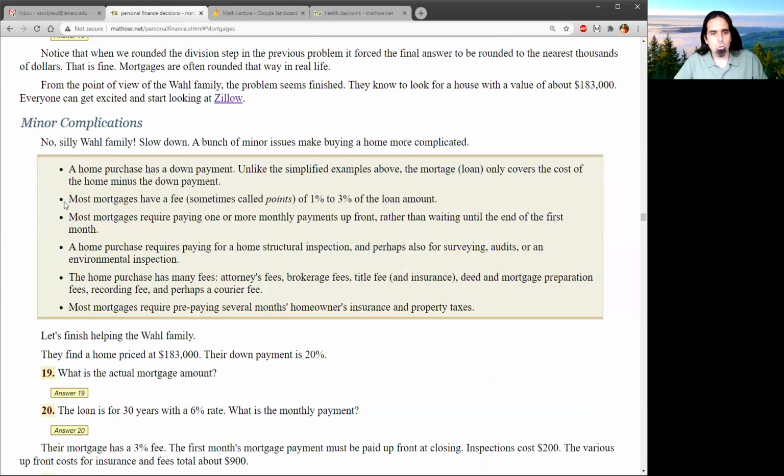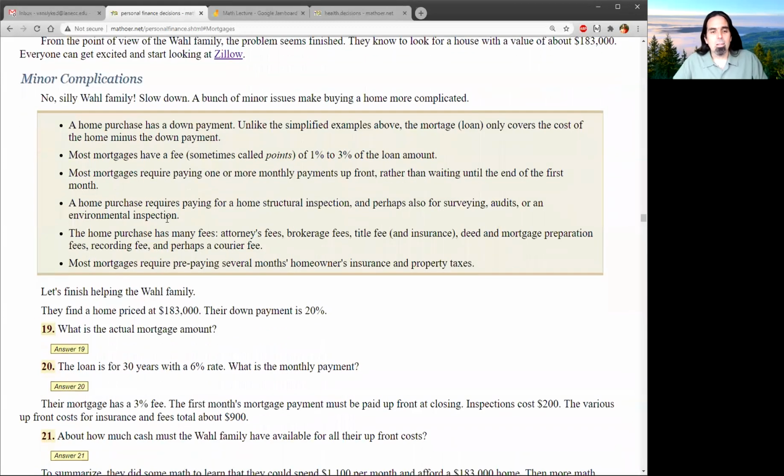Okay, and most mortgages have fees, sometimes points. It usually costs 1%, 2%, or 3% to actually get the mortgage. Some mortgages require making some payments up front, a little extra down payment. You have to pay for things like your inspection and surveying and audits.